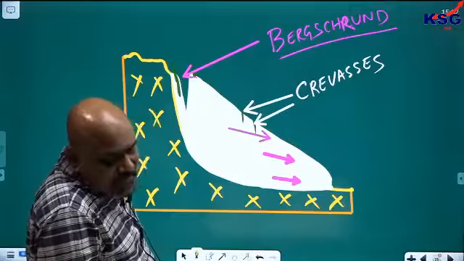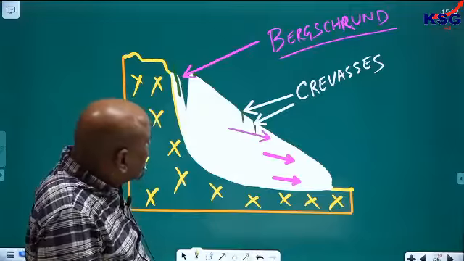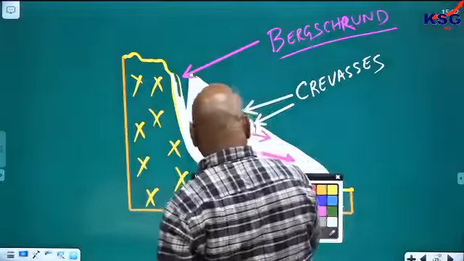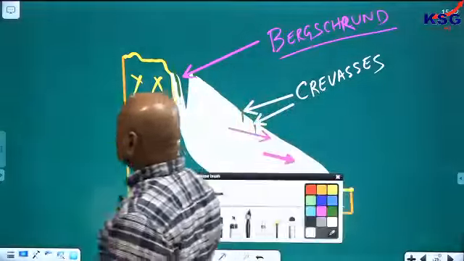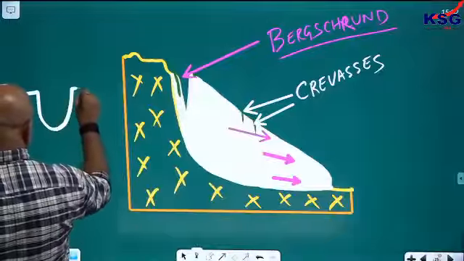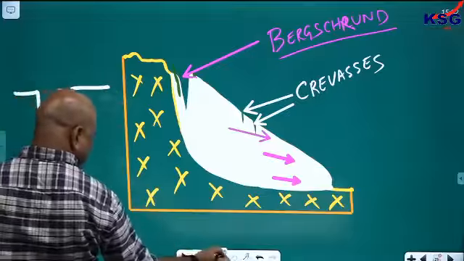Now, while this glacier moves away, it forms a U-shaped valley on its way. Always you will get the U-shaped valley. If I take the cross section, you will have this type of valley, a U-shaped valley.